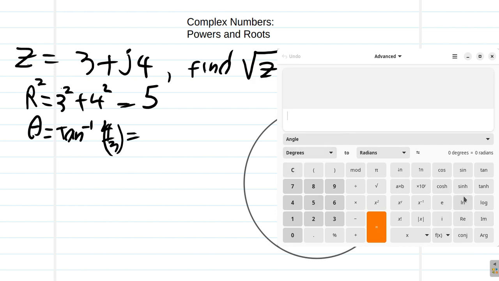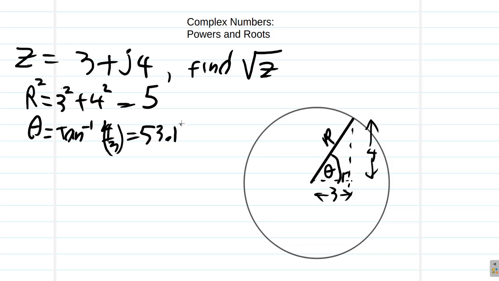Tan inverse of open bracket 4 over 3 close bracket equals 53.13.